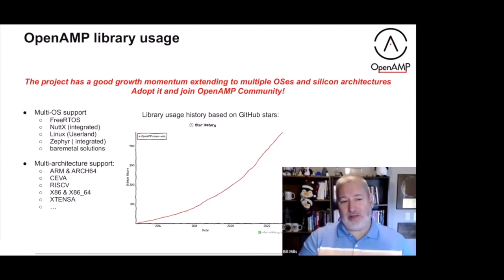So once again, the libraries are portable to multiple OS situations and multiple architectures. So this technology is ready for you as a user or as a platform provider. So start using it or start putting your application, your community, your platform in here as well.